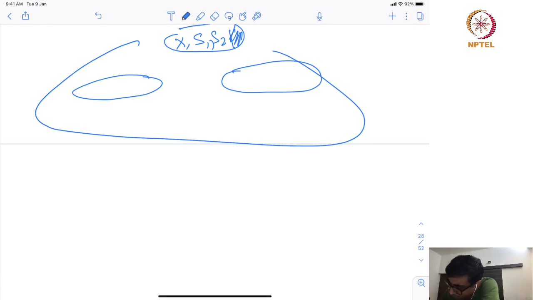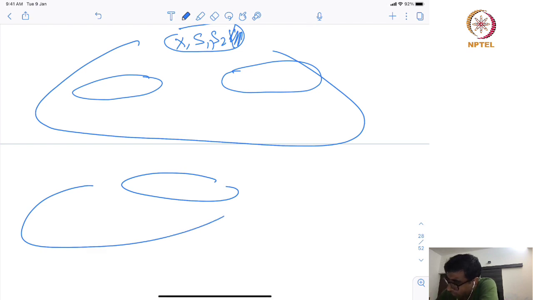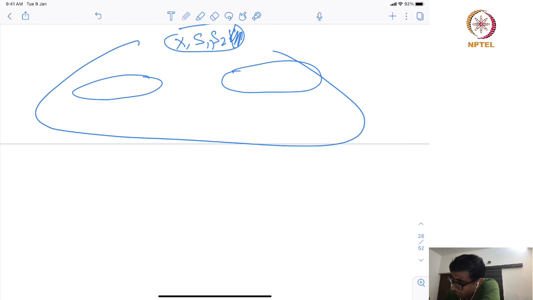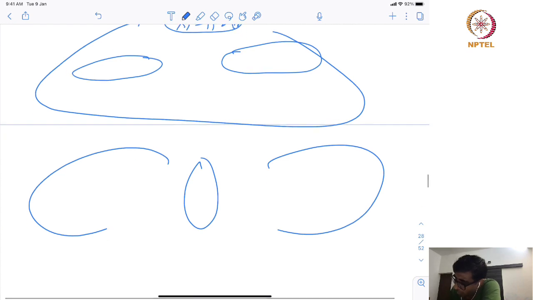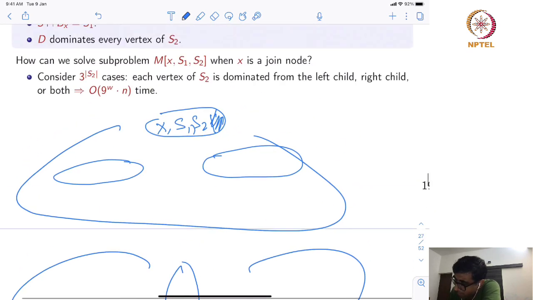So, the way we make it is this. Even better, let's draw it like this. So, now this is my bag.